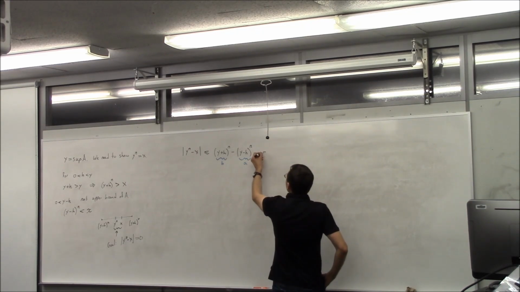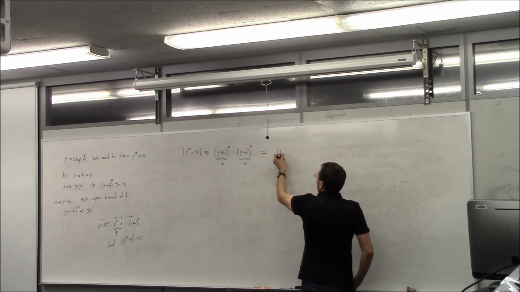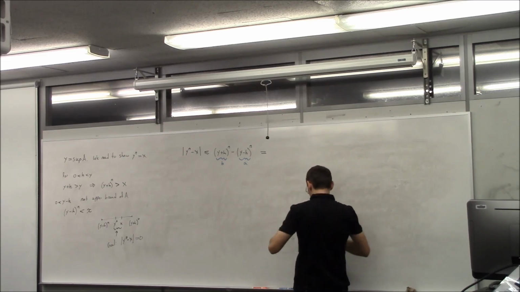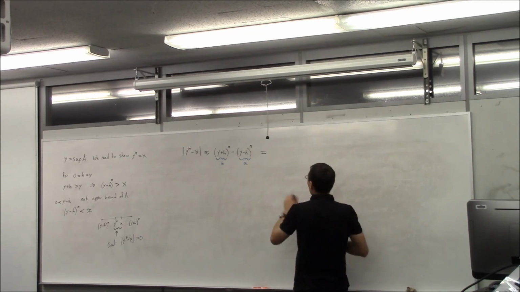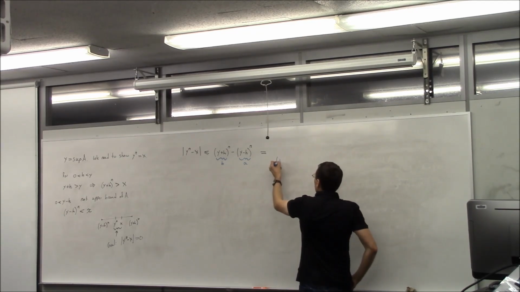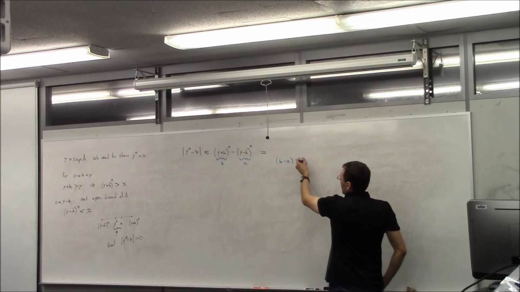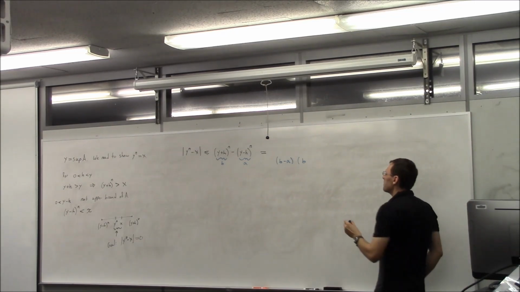This would be b minus a. I'll put it on the bottom. This is b minus a, and here you would be having b to what power? n minus 1.